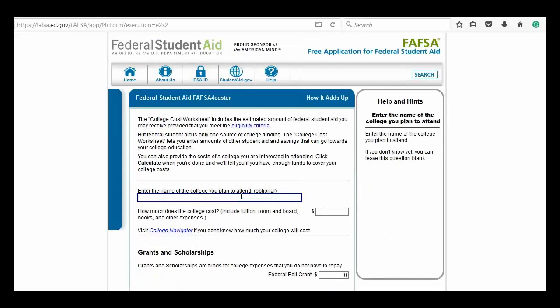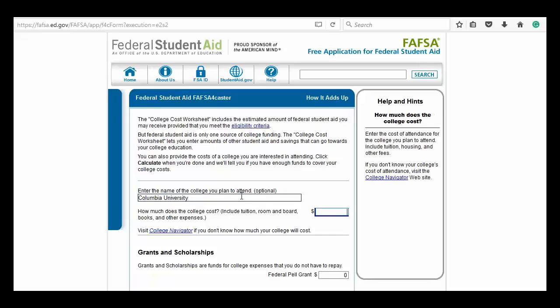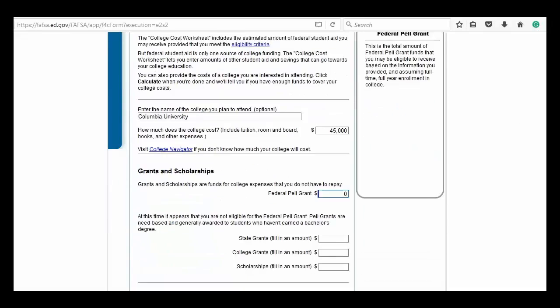So I'm just going to put in Columbia University. I'm going to underestimate their tuition at $45,000 a year. I don't think I'm going to get any Pell Grants, so I'm going to leave that empty.